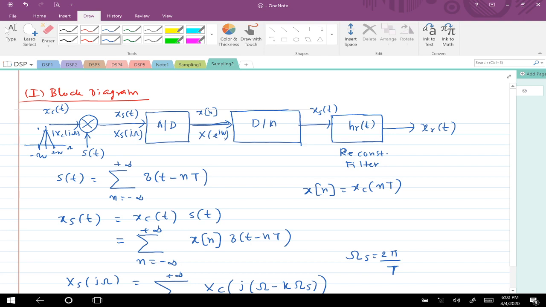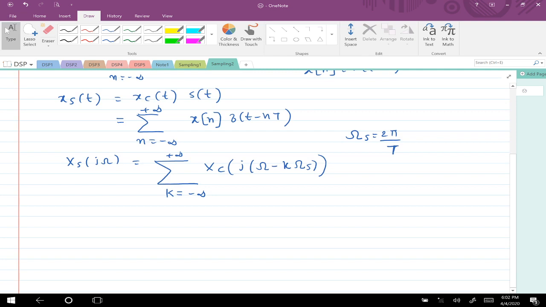So what we will derive now is the relationship between xs of j omega and x of e power j omega. This is what we will do now.